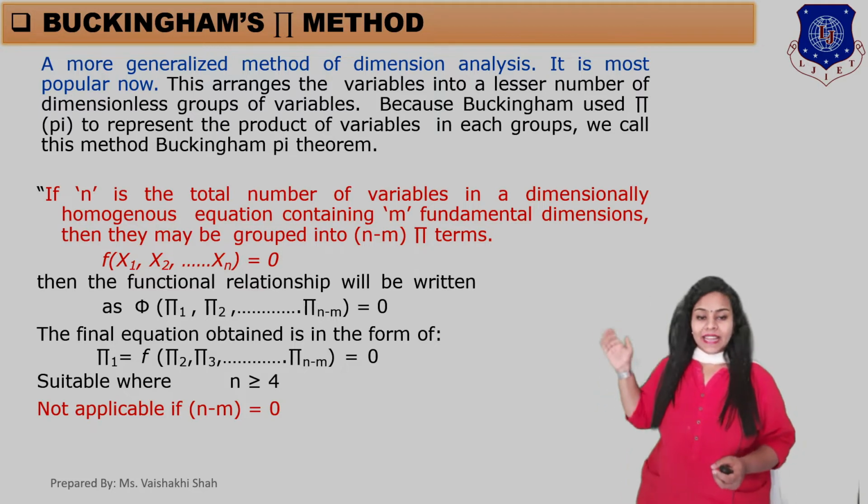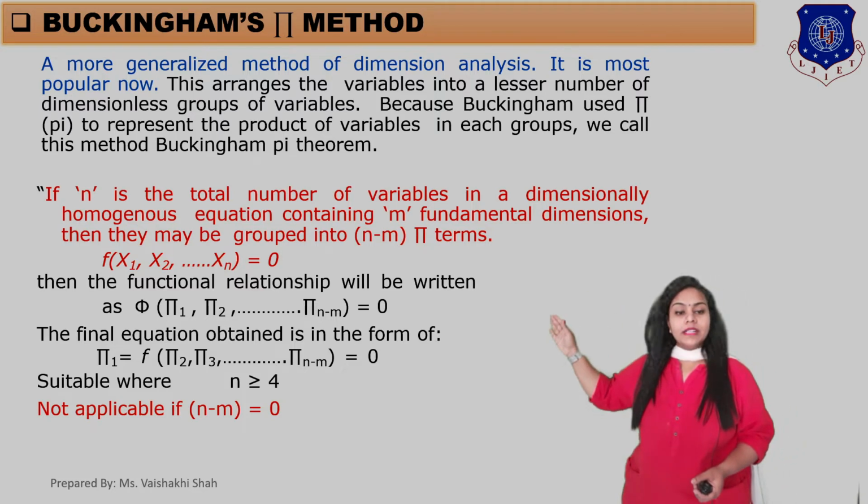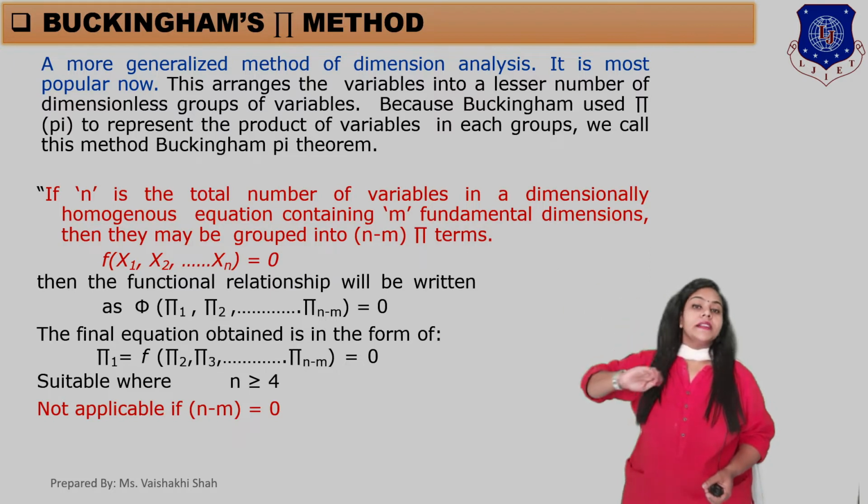Remember that here n is the total number of variables and m is the number of fundamental dimensions.